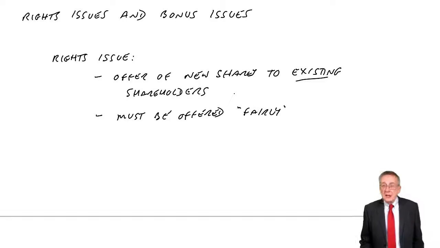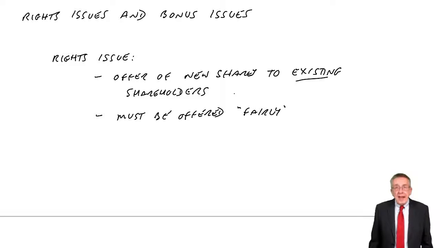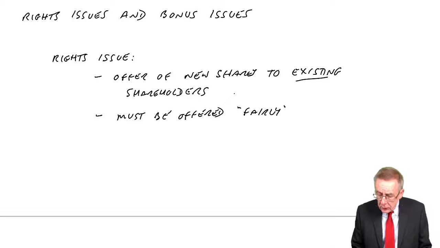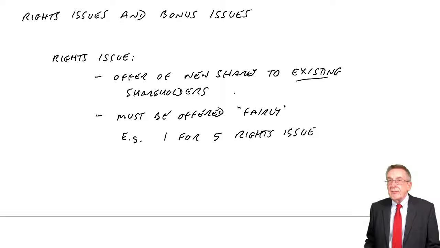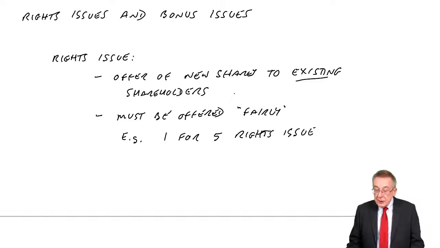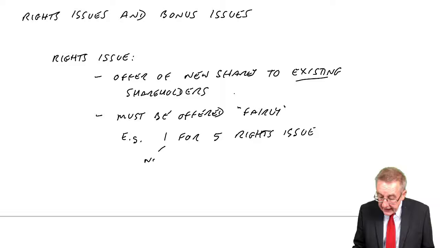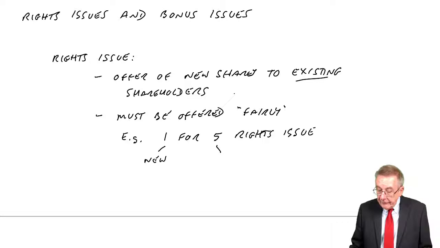All shareholders have to be offered new shares. And when I say fairly, it's always expressed something like this. For example, a 1-for-5 rights issue. And what that means is you'll be offered one new share for every 5 existing shares.